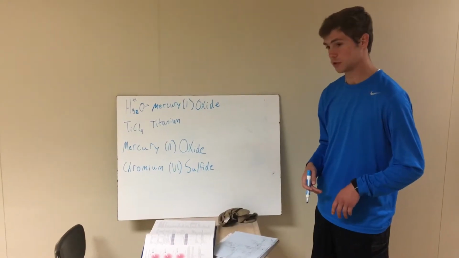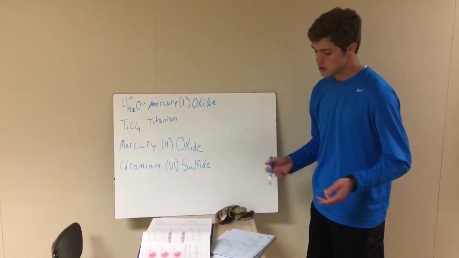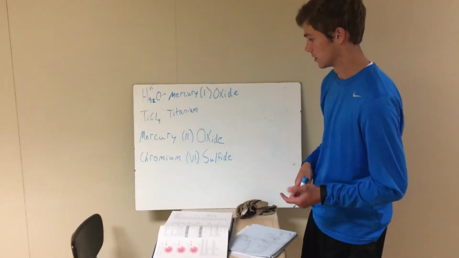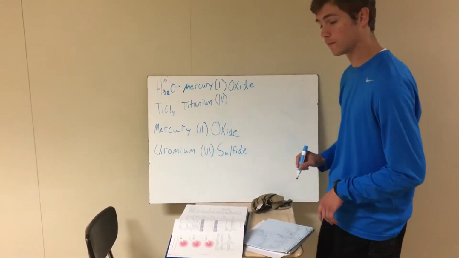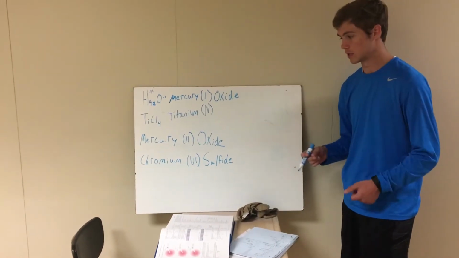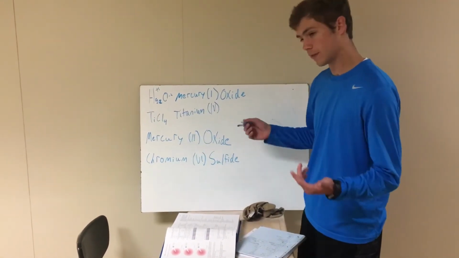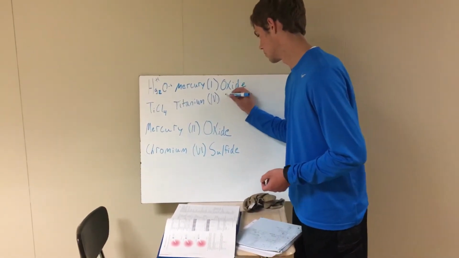So overall, the charge is going to be -4, but there's only one titanium. So from that, we know the titanium's charge has to be 4, so that's what we write in. Roman numeral 4 is just IV. You're going to have to memorize these in order to write these ionic compounds. And then for the next part, we just simply do what we did for the first one: chloride.